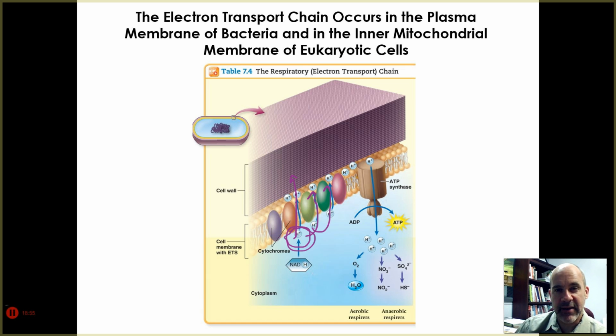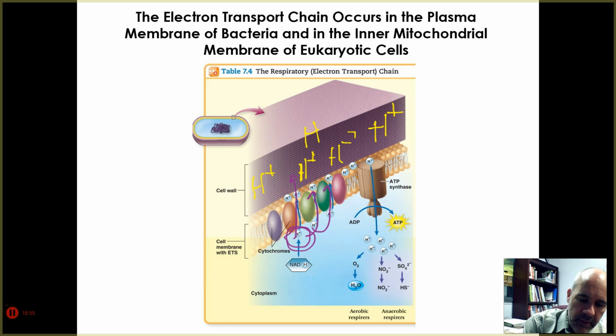Remember how we talked about active transport before, where you are moving a substance across the cell membrane against its concentration gradient. What happens is, over here on this side of the cell membrane, I know this looks like I'm scribbling like a 2-year-old, you have a buildup of hydrogen ions.